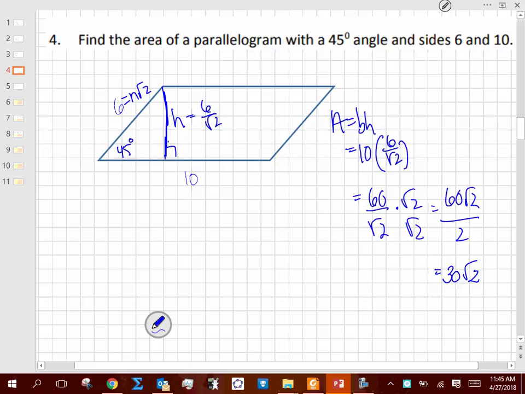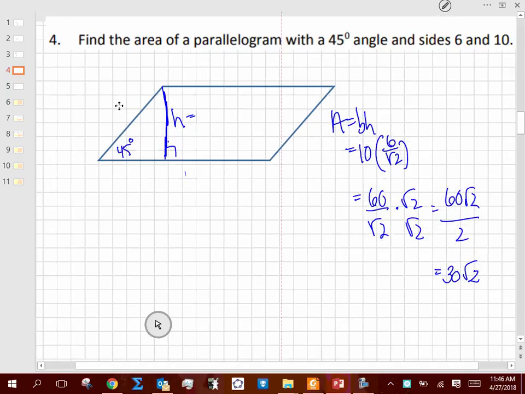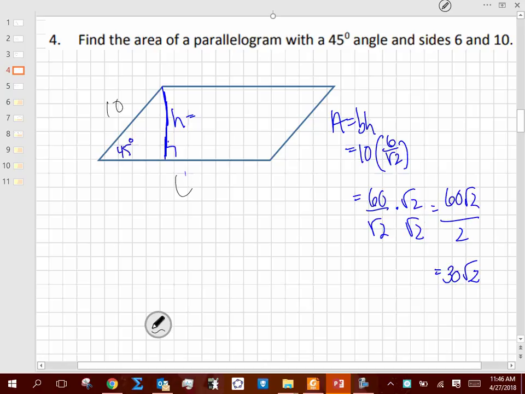But now the question was, are they different? Does it matter where the side lengths are? Now when we move around the side lengths here, so this one becomes 10, and this one becomes 6.